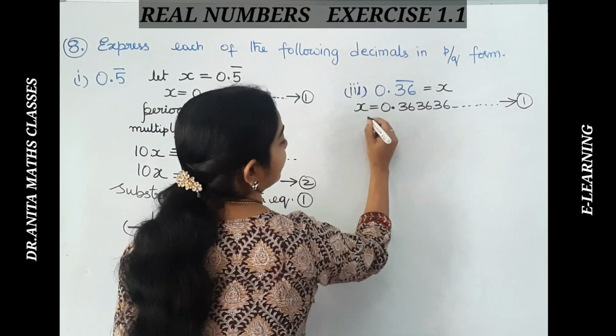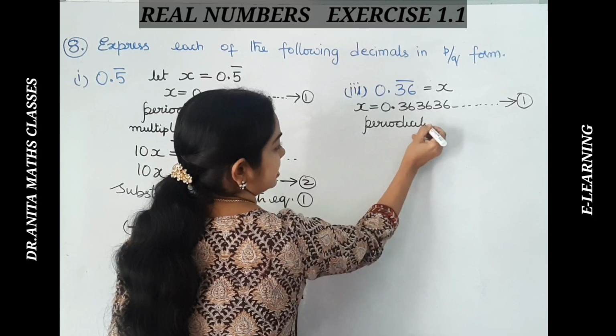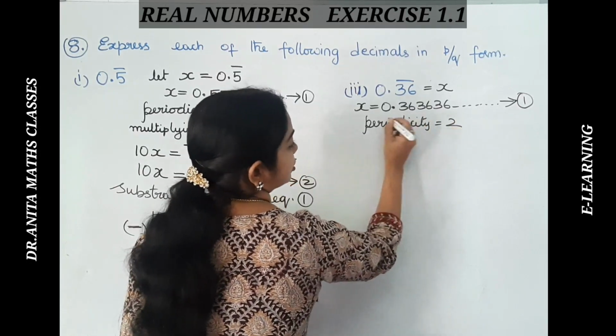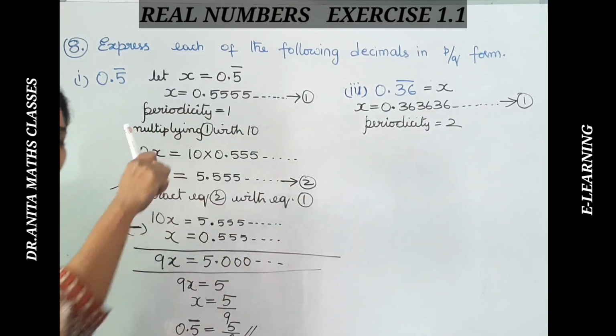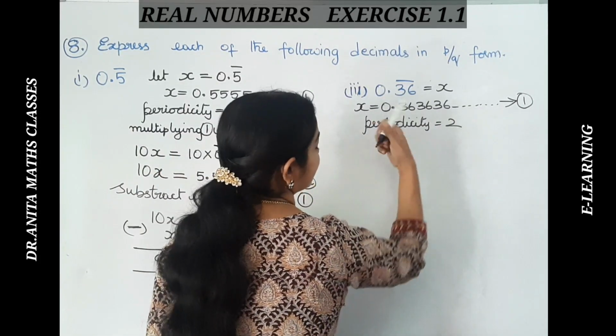Now what is the periodicity here? The periodicity is 2. So we have to multiply both sides of x with 100. 2 means we have to take 2 zeros, so 100.